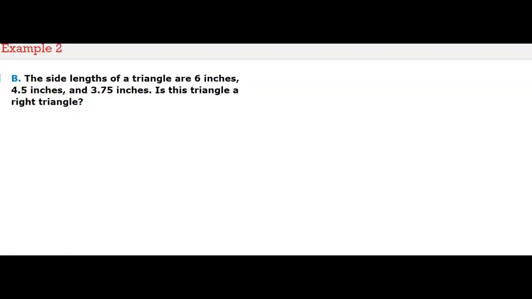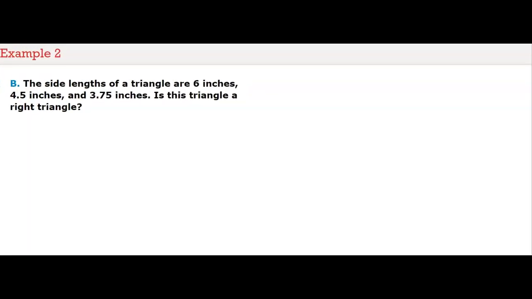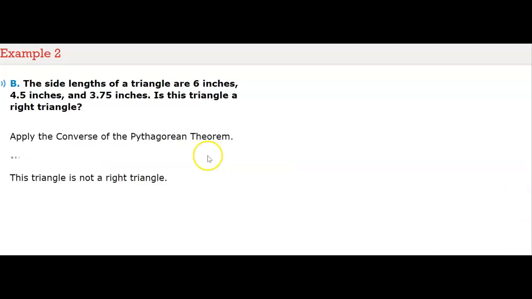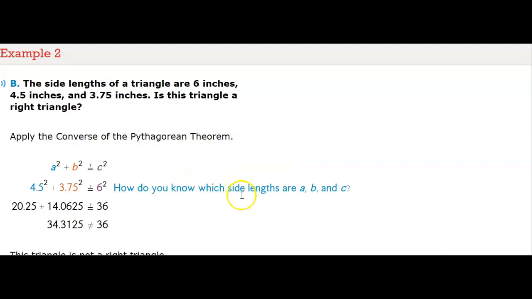Part B. The side lengths of a triangle are 6 inches, 4 5/10 inches, and 3 75/100 inches. Is this triangle a right triangle? So we put the numbers in. We have 4 and 5/10 squared plus 3 and 75/100 squared equals 6 squared. And it says, how do you know which are side lengths A, B, and C?